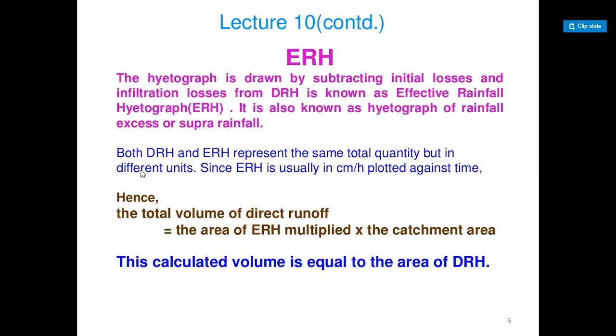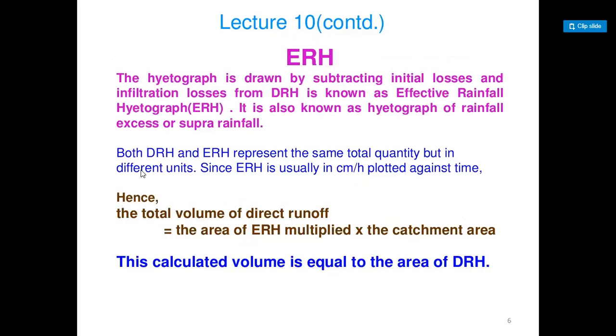And effective rainfall hydrograph. The hydrograph drawn by subtracting initial losses and infiltration losses from the DRH, meaning direct rainfall hydrograph, is known as the effective rainfall hydrograph, ERH. It is also known as a hydrograph of rainfall excess or supra rainfall.